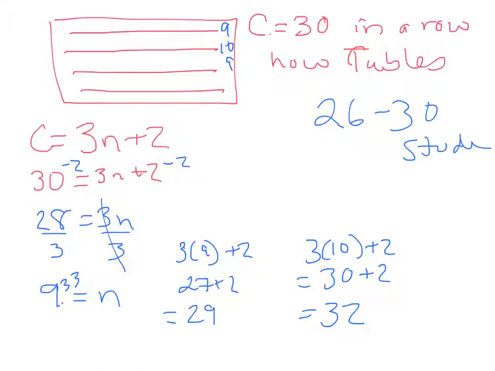So then you would need to finish answering that question of how many rows or how many classes are in the school, and how many tables we would need. So let's say there's 10 classes per grade, we have 30 classes, we would need 30 rows, and you would need to justify how many rows of 9 and how many rows of 10.